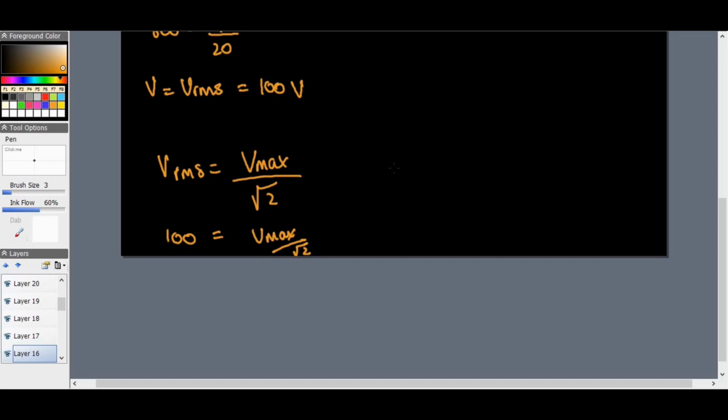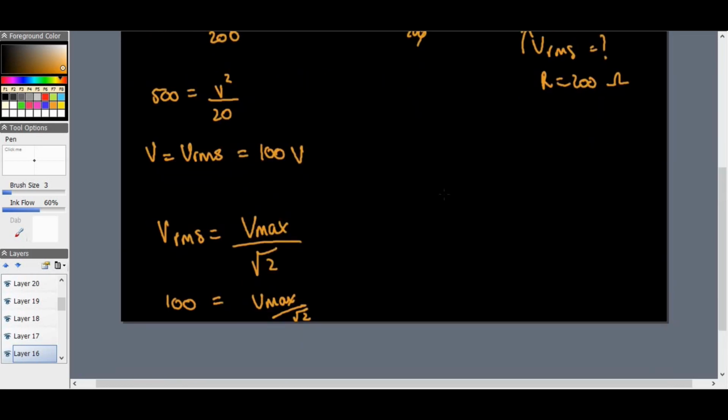And then on the side here we can say, therefore, Vmax must be equal to 100 times square root 2, and we get an answer of 141.42 volts as the maximum voltage.